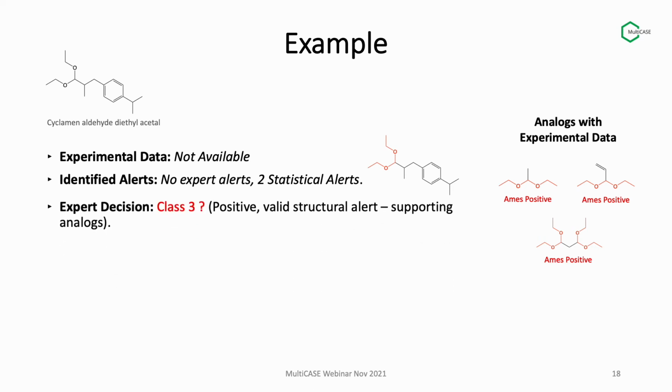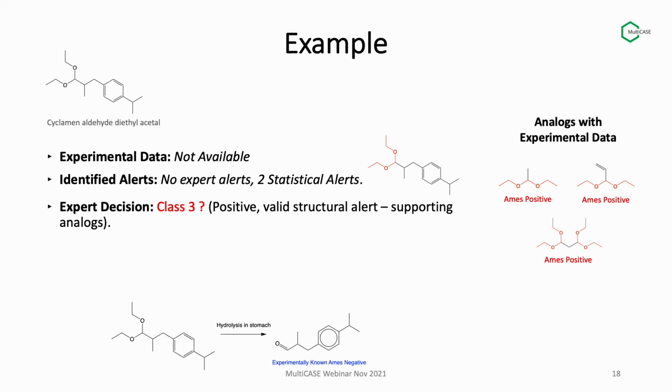So our expert decision is class 3, but I put a question mark near it, and I'll talk about it later. On a very surface analysis, it looks like a class 3 compound because of a valid structural alert and supporting analogs.